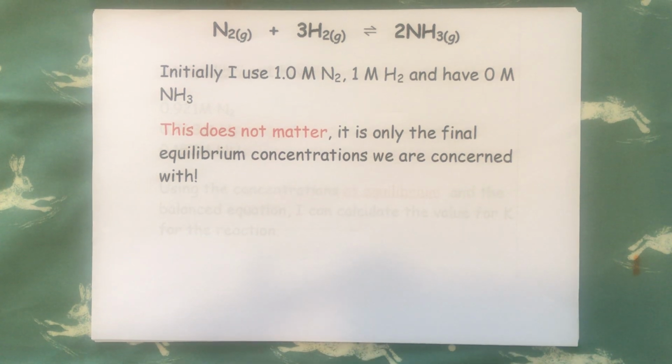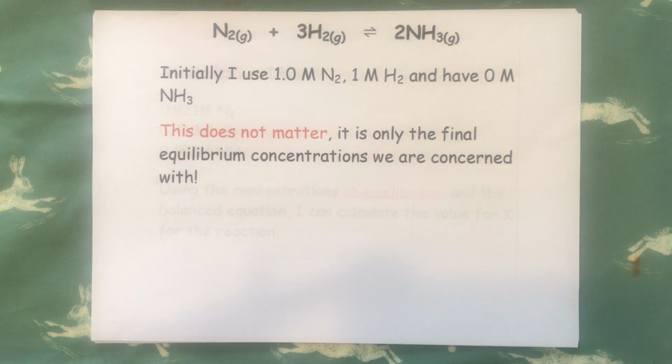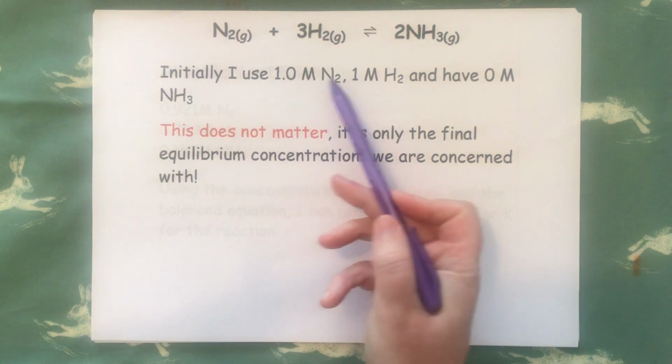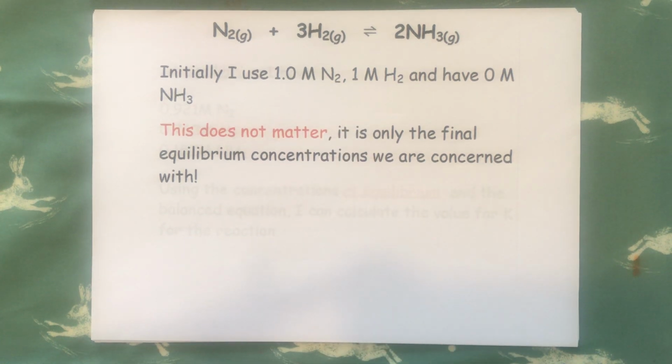So if we have a look at actually working out what the equilibrium constant is, here we have the same reaction as before, the formation of ammonia. Initially you use 1 mole per litre of nitrogen and 1 of hydrogen, and you have 0 of ammonia because we're right at the very start.